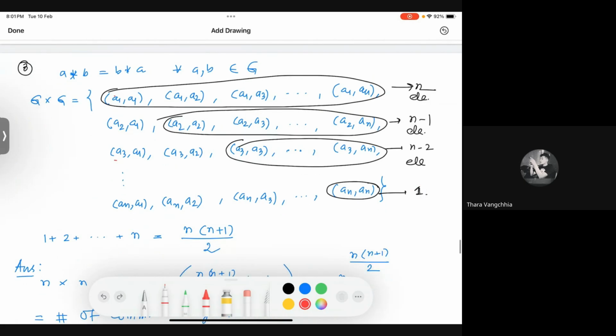So there are 1 plus 2 plus dot dot dot plus n, which means n into n plus 1 by 2. Why is this 1 plus 2 plus dot dot dot n? Because I need the image of n into n plus 1 by 2 elements.